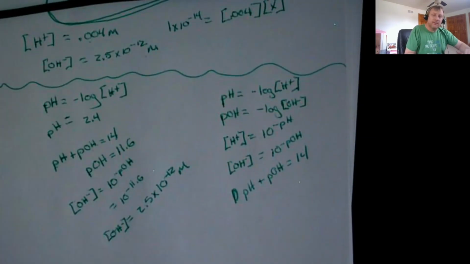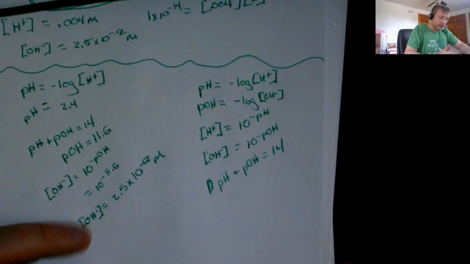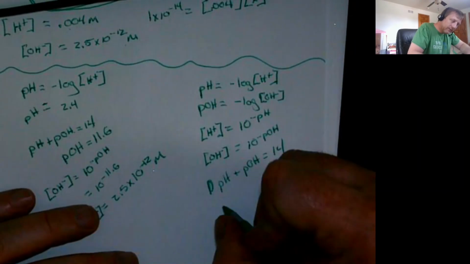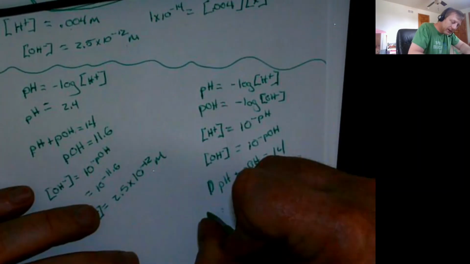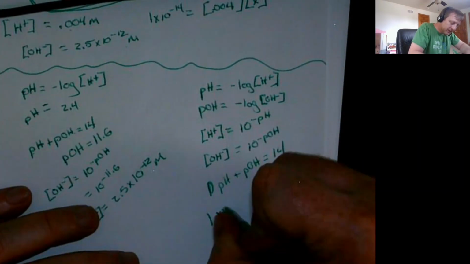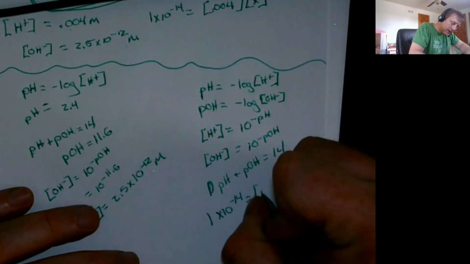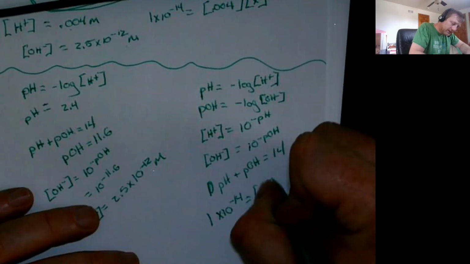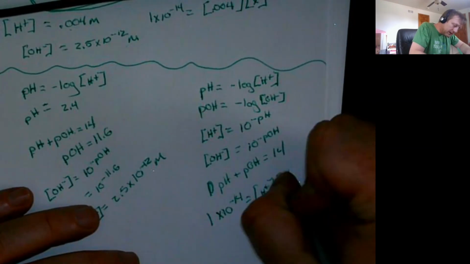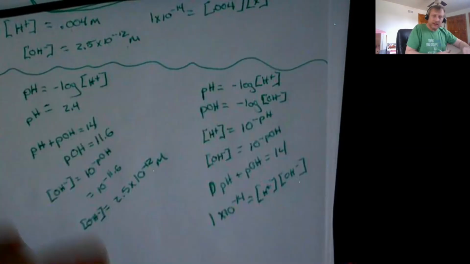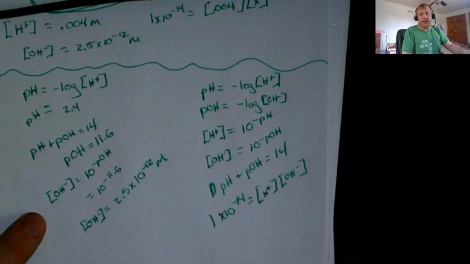So these 5 formulas can solve anything on their own, but this one for K sub W can help us skip some steps in order to move directly from one concentration to the other without going through all these multiple steps.